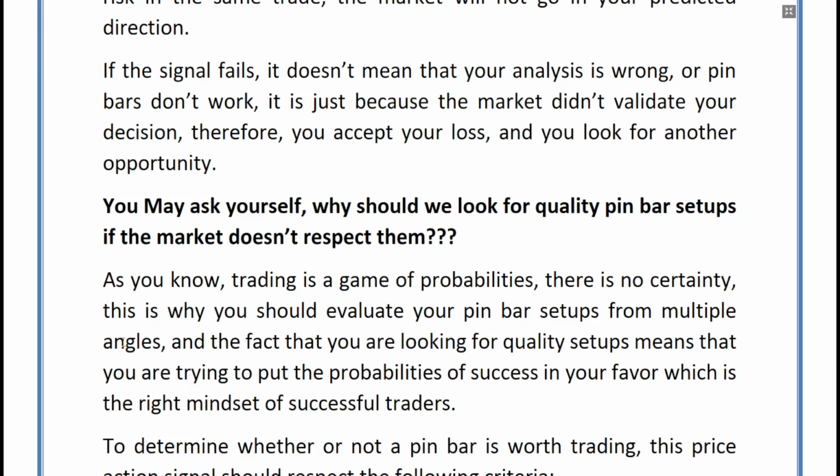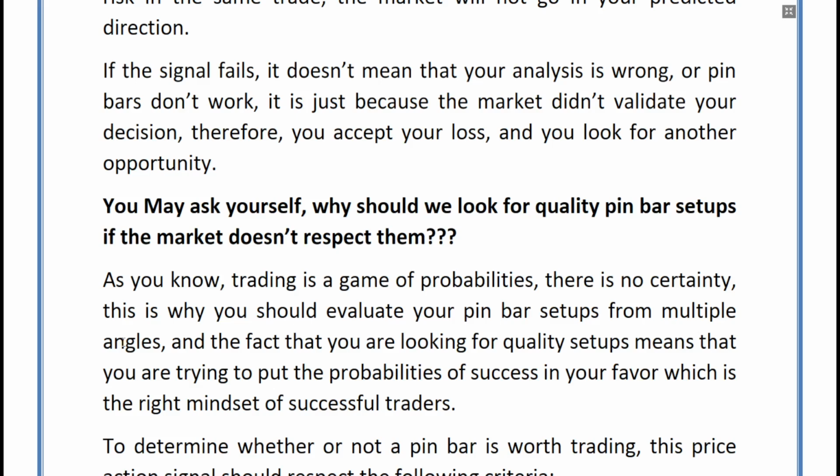But what we try to do is minimize the risk so much so that we can experience some profits. In trading, it is all about evading and reducing risk. But I'll repeat, the risk will always be there. So don't think you can go into trading with 100% certainty. That is not possible. Now, this is why you should evaluate your pin bar setups from multiple angles.